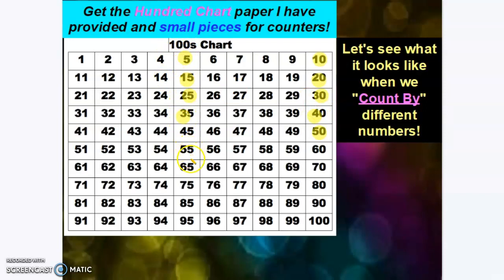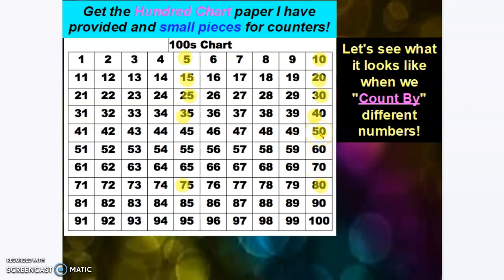So what do you think with this row here, 71 through 80? What 2 numbers do you think we're going to highlight or cover up? You should have said 75 and 80. So counting by 5s, once you get the trick, it's pretty easy to count.